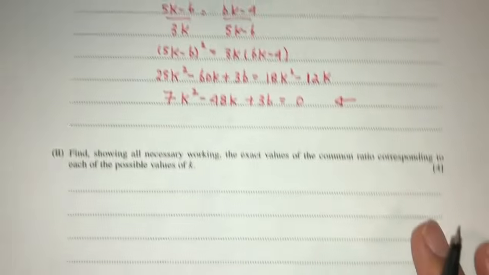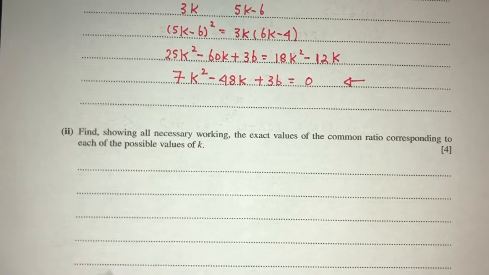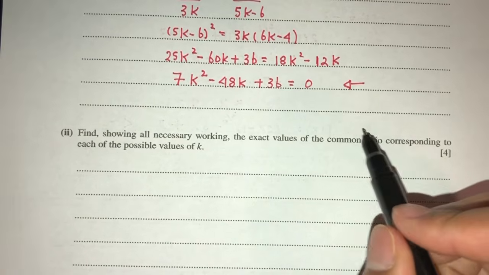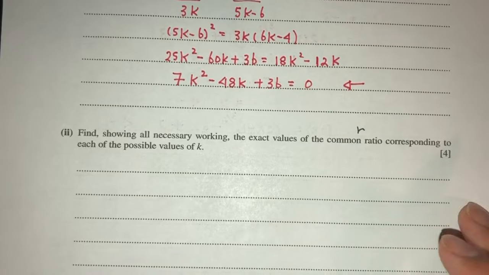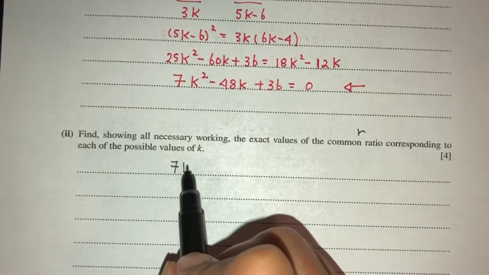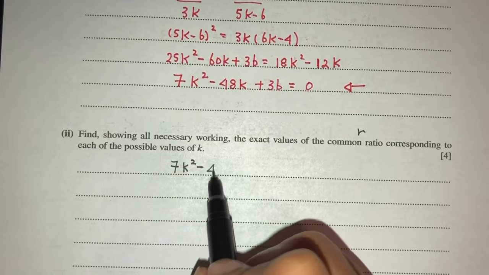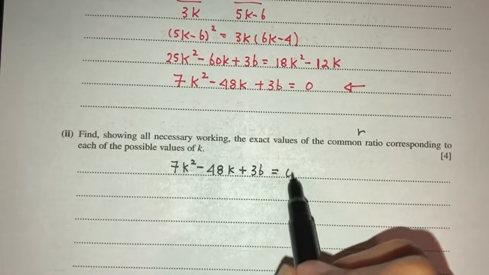Okay. Now for part 2: find, showing all the working, the exact values of the common ratio, which is r, corresponding to each possible value of k. So let's do that. We have the equation 7k squared minus 48k plus 36 equal to 0.